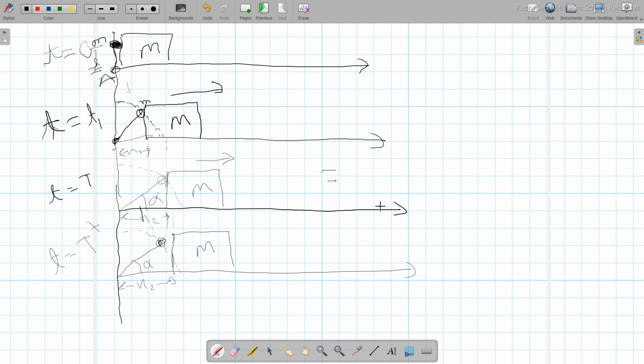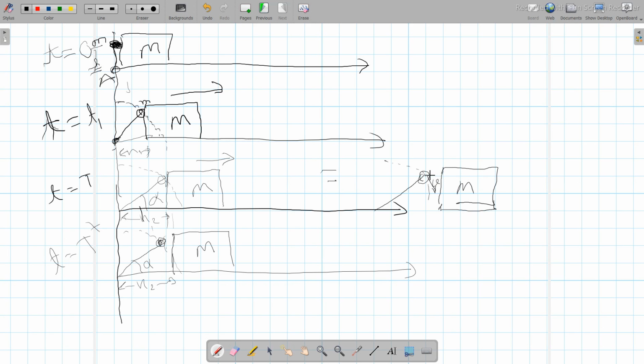This will be like this, and for visibility I am taking it at some distance, capital M. Now it is in circular motion, so its velocity is always tangential, and its velocity will be v.